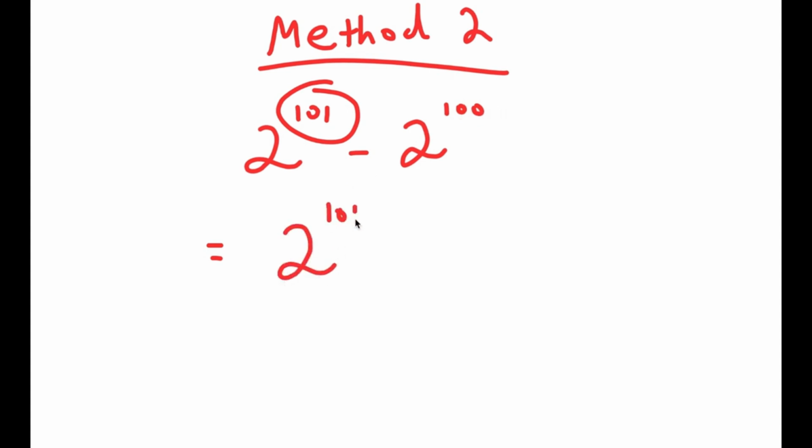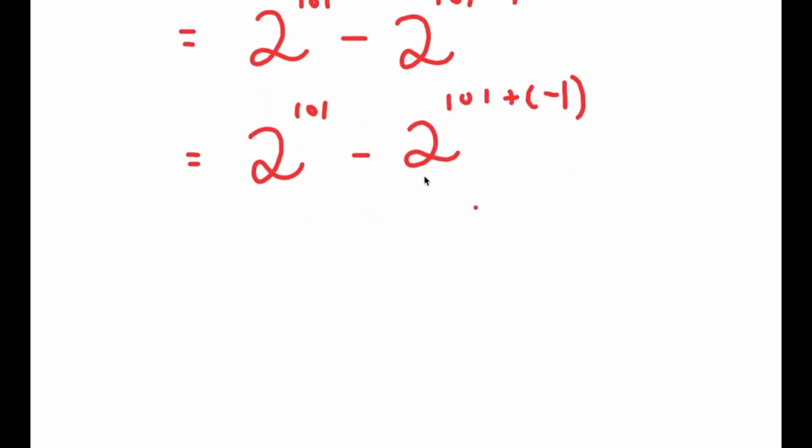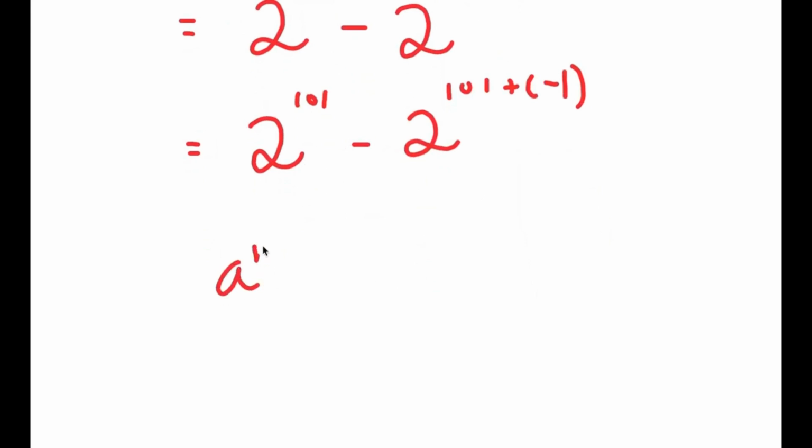So now I get 2 to the power of 101 minus 2 to the power of 101 minus 1. And this is the same thing as 2 to the power of 101 minus 2 to the power of 101 plus negative 1.